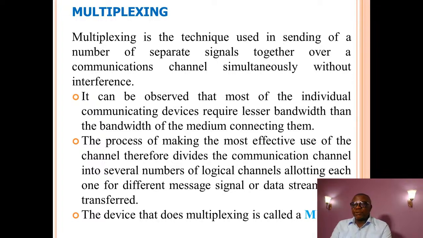So anytime you see MUX, know that it's an abbreviation for multiplexers, and you know that anytime you hear multiplexers or MUX, it means a system of combining so many different channels, different signals, so that they can be transmitted along one channel.